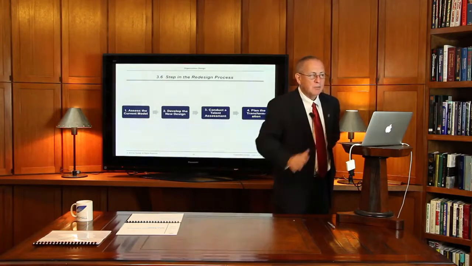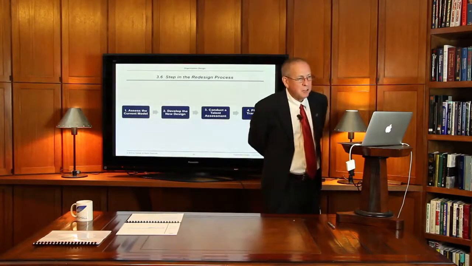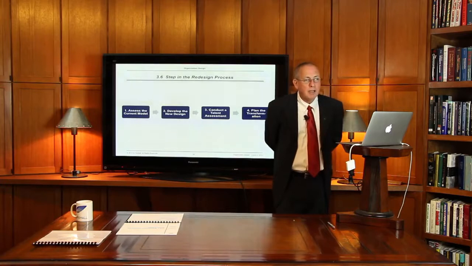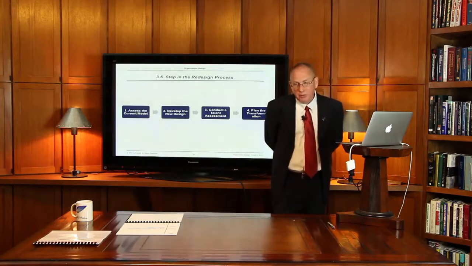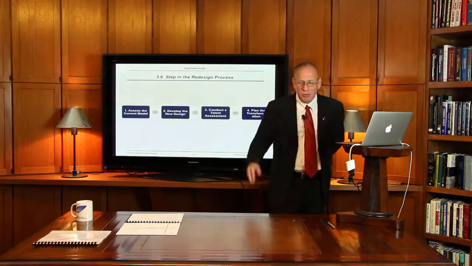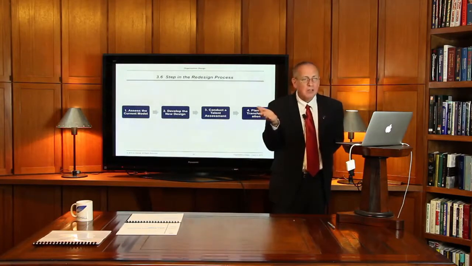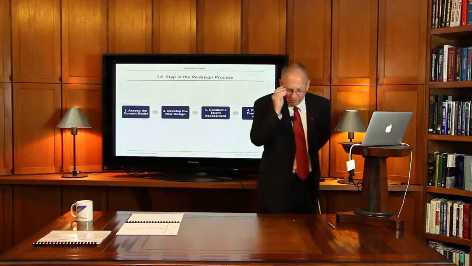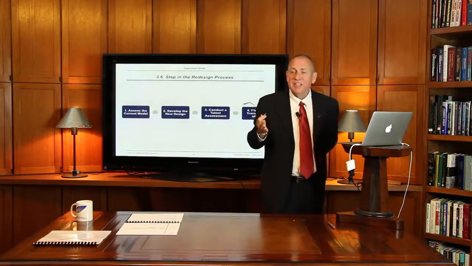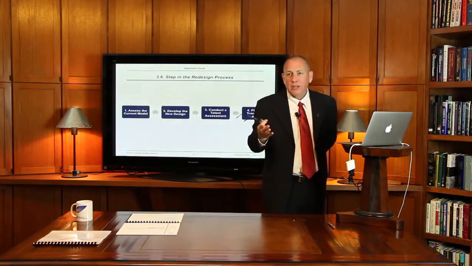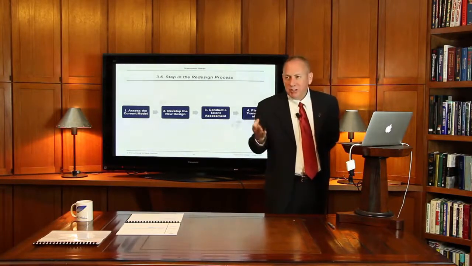So key steps in the redesign process: assess your current model, develop a new model, a new design. We quite often go through several iterations, if you will. So we don't just automatically say, here's number 1, and we would use that conceptual business model that we talked about. We'd identify what's working well in your organization, what's not working well, what are the problems or the symptoms that we want to correct or fix.